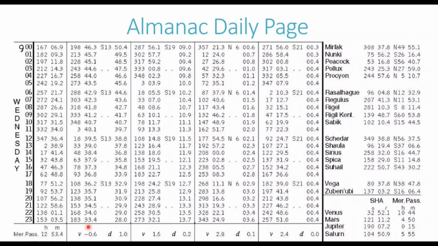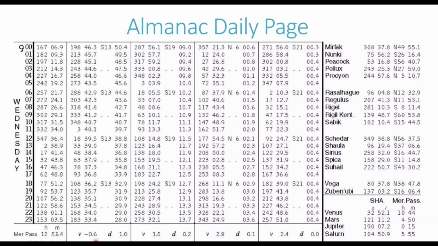The hourly GHA is picked up from the daily page. The increment for minute and second is picked up from the increment table. And after applying the hourly figure and the increment, you have to apply the V correction also. The V correction which is given here is for 1 hour, and for whatever minutes you are applying it, you will get the value for this particular V correction in the increment table.